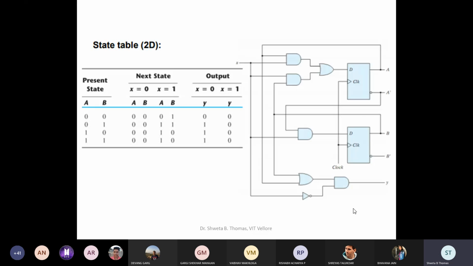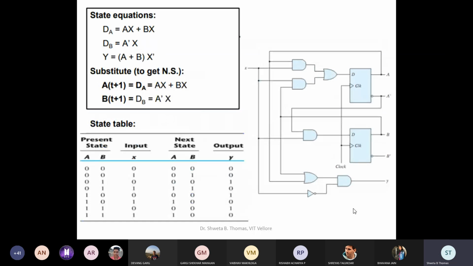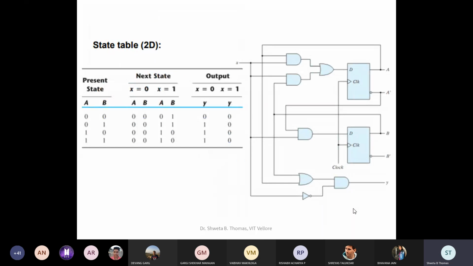This is the same one that I have shown you in the previous slide. You can also cross check here. It is the same thing. The output is also given for x is equal to 0 and x is equal to 1. In this way also you can mention.